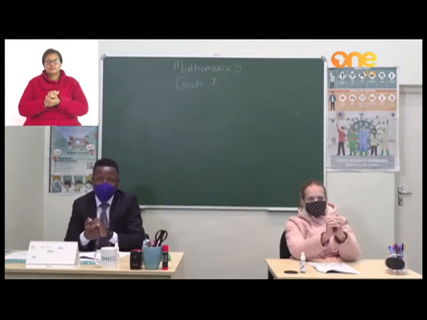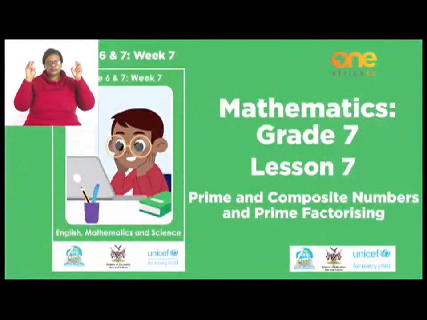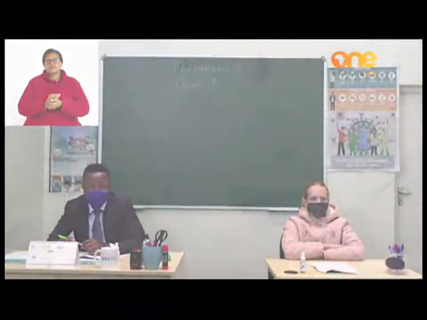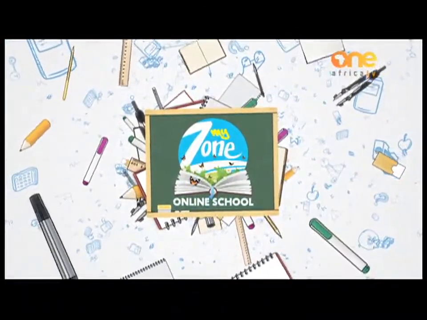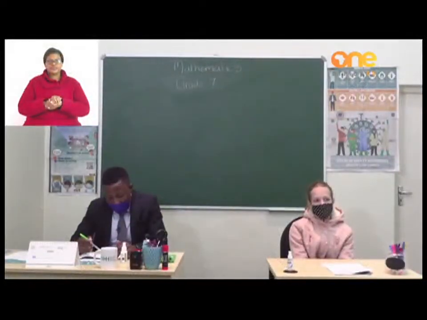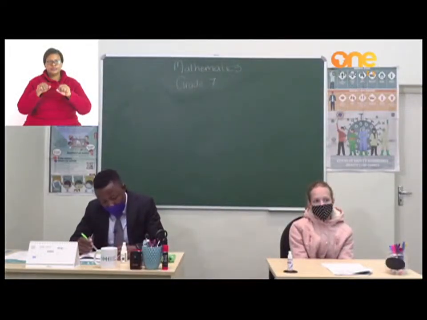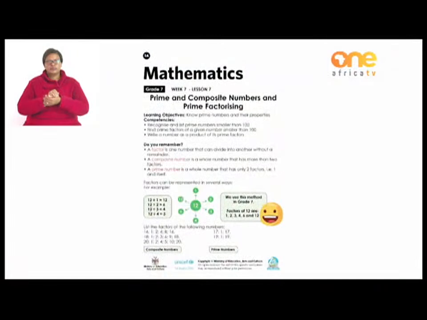And our lesson for today is prime and composite numbers and also prime factorizing. Okay, let us now go to page 14 on our booklet. We have to read through the notes.